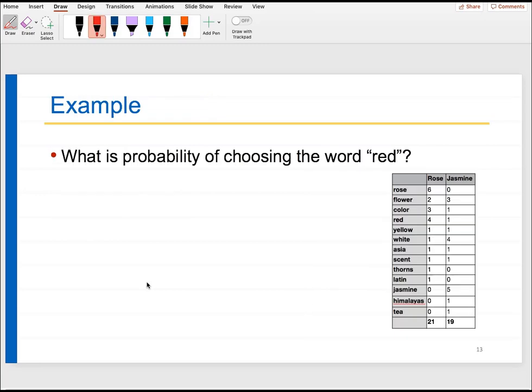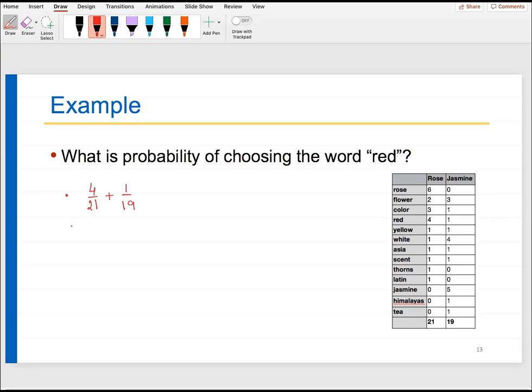What is the probability of choosing the word red? Who can tell? The counts are given in front of you. What is the probability of choosing the word red? Okay, one suggestion coming is 4 by 21 plus 1 by 19.